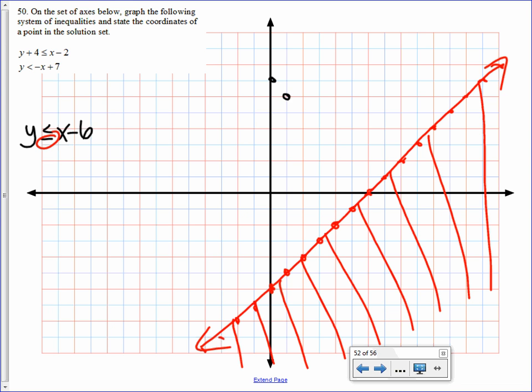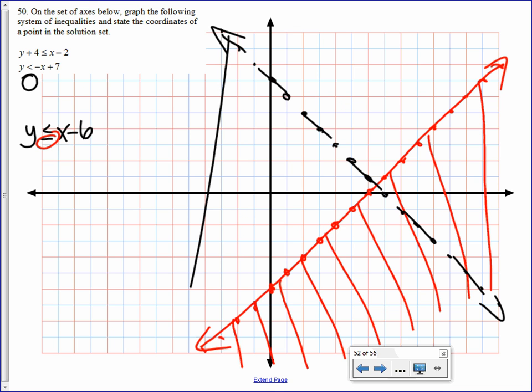Slope is down 1 over 1, down 1 over 1. I'm going to plot my points. It does not have an equals, so it is dashed. And it is less than, so I'm going to shade it below.